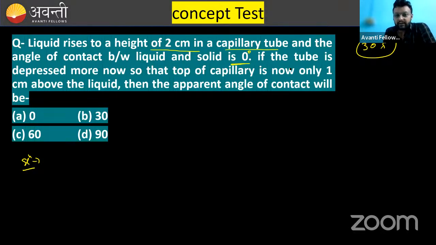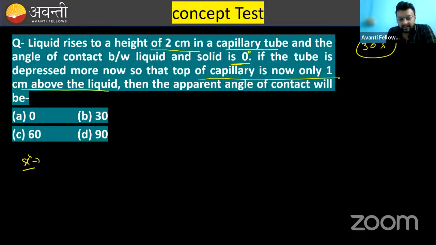If the tube is now depressed, pushed further into the liquid, so that the top of the capillary is only 1 centimeter above the liquid, this is the actual height of the tube now, 1 centimeter. Then the apparent angle of contact will be?